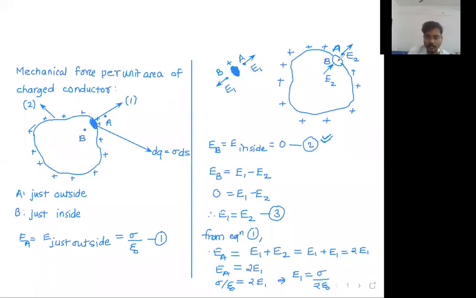Now at this point or at a point of the conductor, electric field because of the remaining conductor is E2. Okay, point A and B are very close to each other. So the thought that you need to understand is this one.